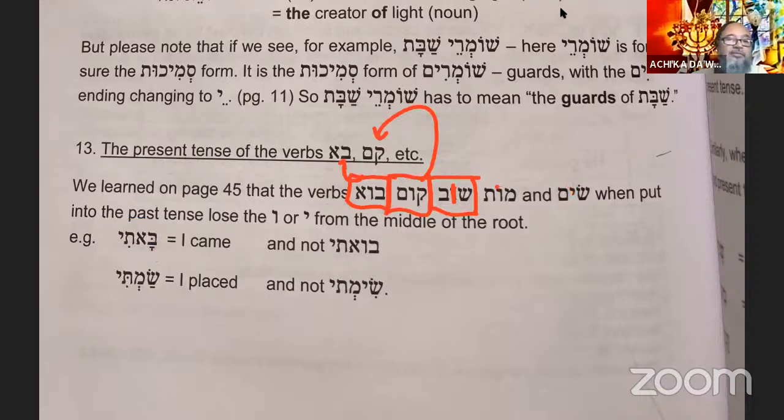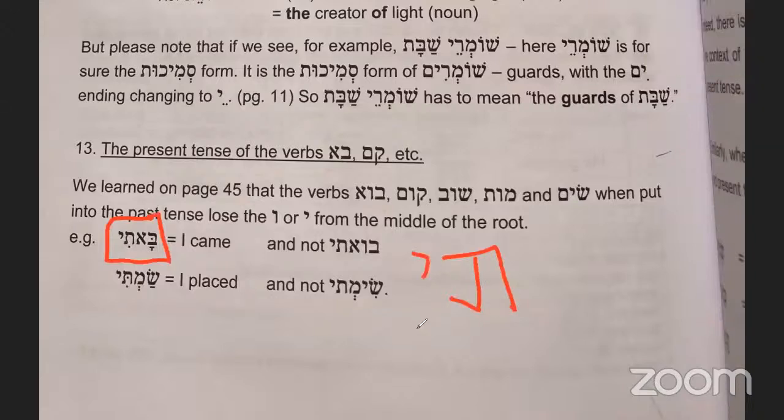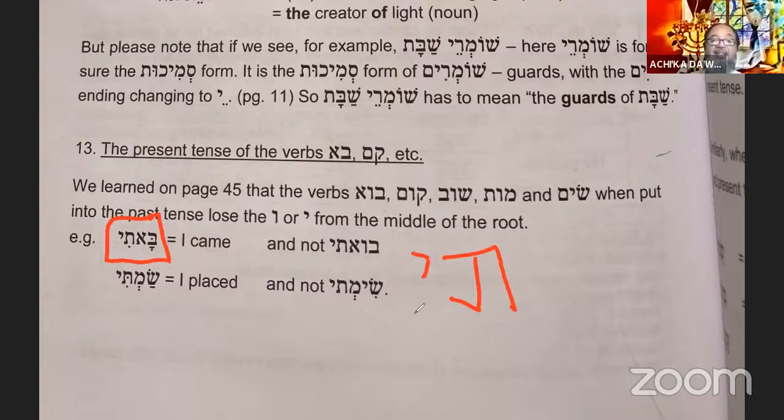Now, what part of this word is I? What two letters represent I? And you. Yep, the tav and the yod. Okay, and it's pronounced ti. So how do I say I came?